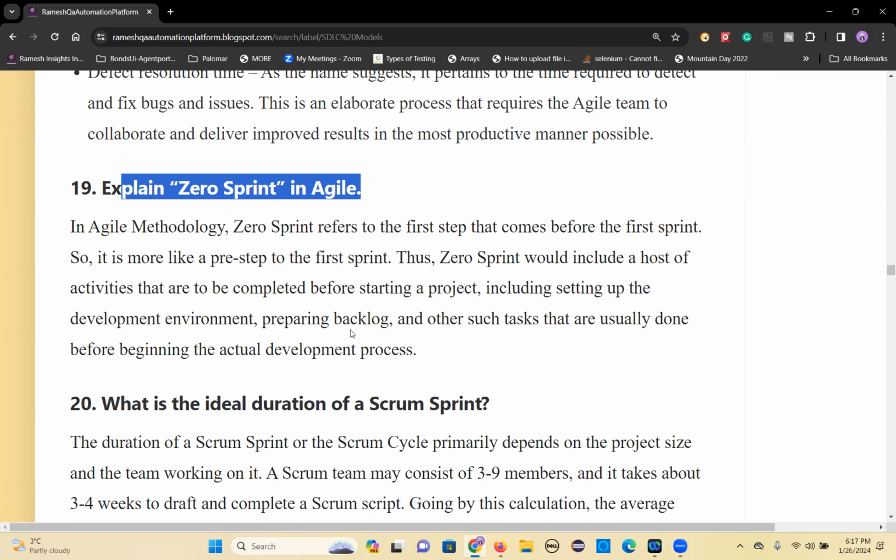All the meetings happen, and you have to sit a number of hours in that plan iteration, because so many teams have to talk. It will take 3-4 hours, even 4-5 hours. Generally 2-3 days. So that step before the first sprint is called zero sprint.